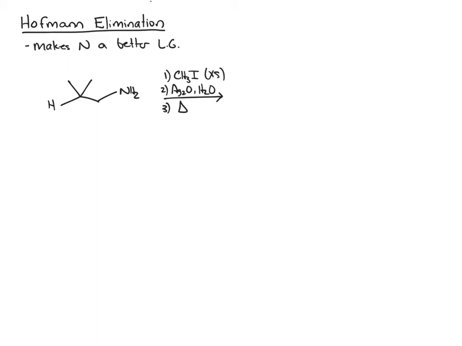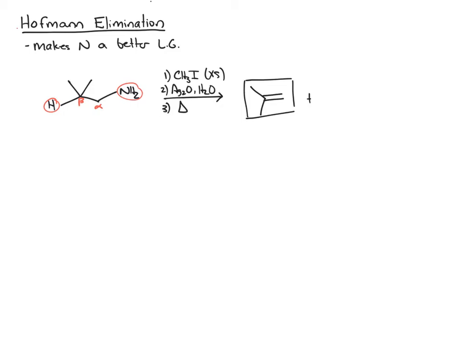Okay, if we think of the nitrogen as our leaving group, it's on the alpha carbon, here's the beta carbon, and we of course have a beta hydrogen. So we're going to lose our nitrogen leaving group and beta hydrogen, and end up with this alkene product.